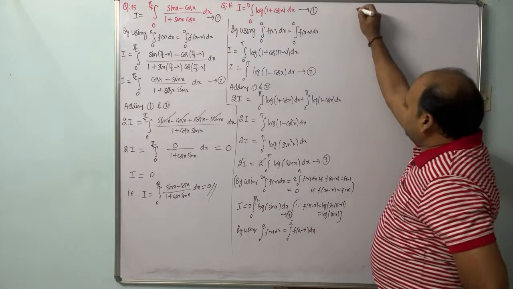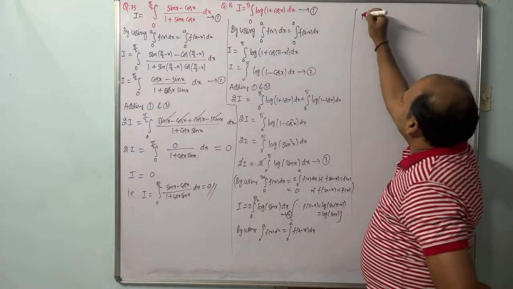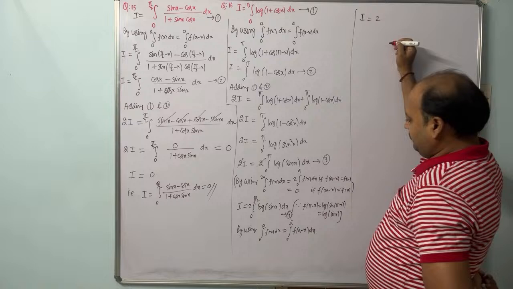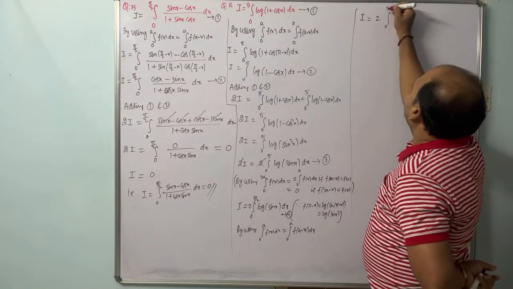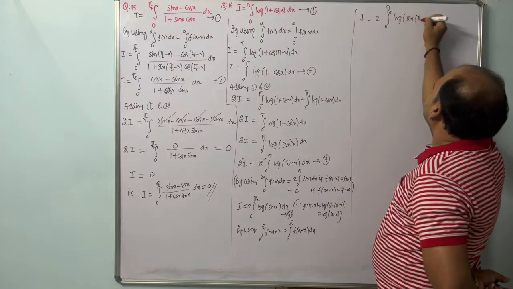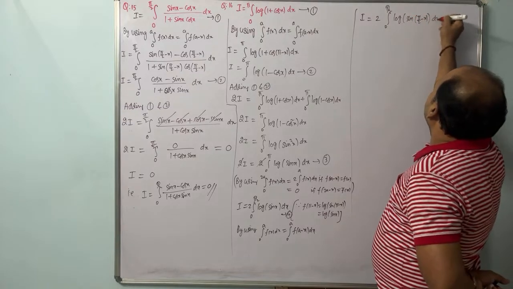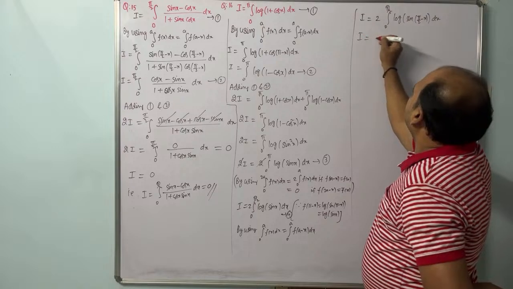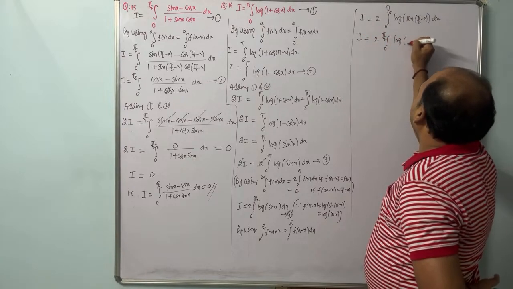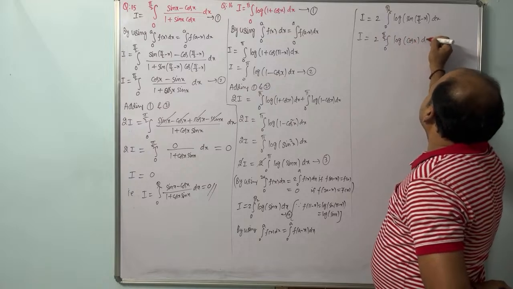So it will be I equal to 2 times integral 0 to pi by 2 log of sin of pi by 2 minus x into dx. I equal to 2 into integral 0 to pi by 2 log of cos x into dx.